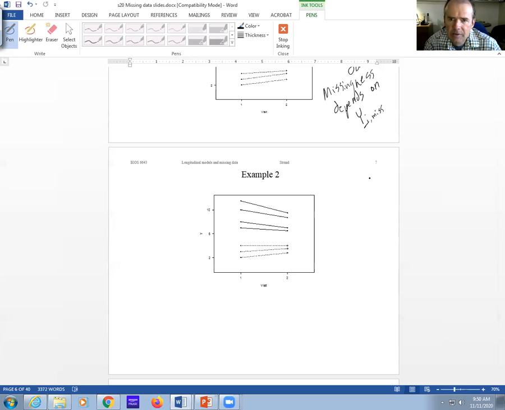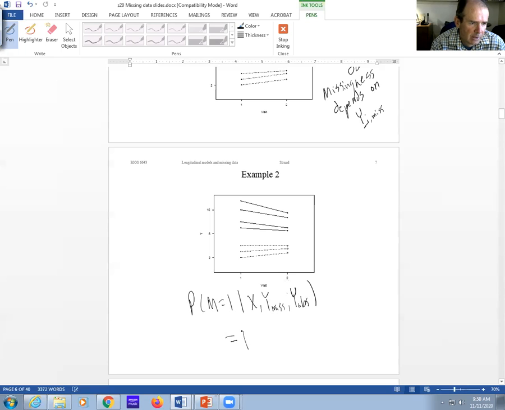The question is, can we say that the probability M equals 1 given the covariates, the missing y, and the observed y, can we say that that's equal to just X?